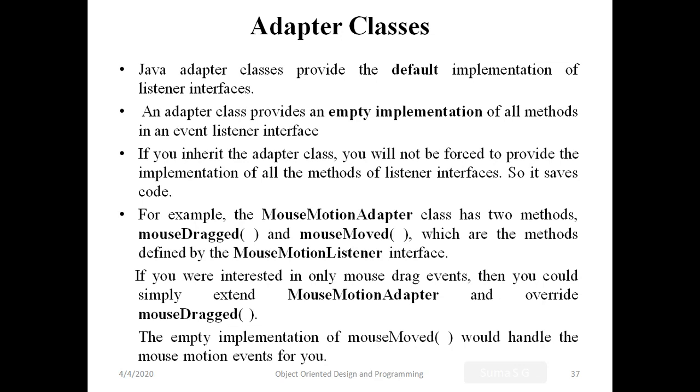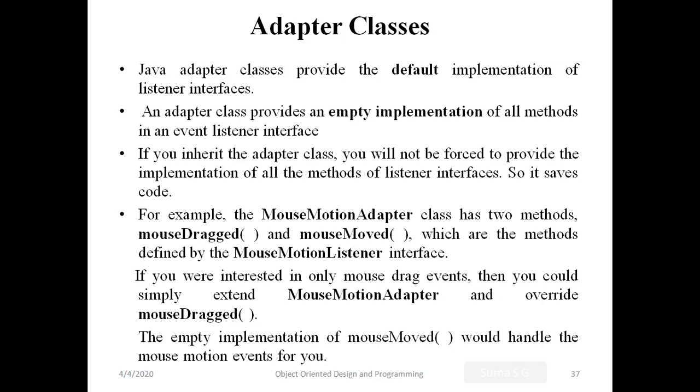Now, what is the advantage of using adapter classes? Corresponding to each listener interface, if you have an adapter class, you can save code. How? If you inherit the adapter class in your class, you will not be forced to provide the implementation of all the methods of the listener interface.